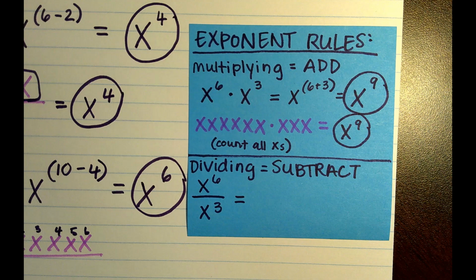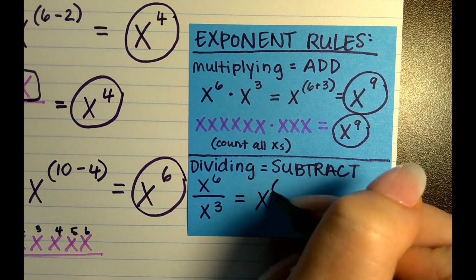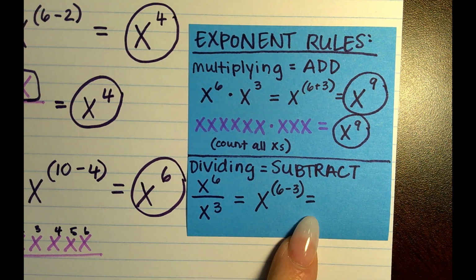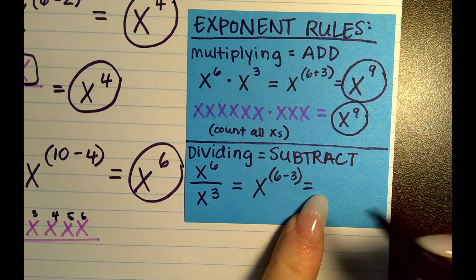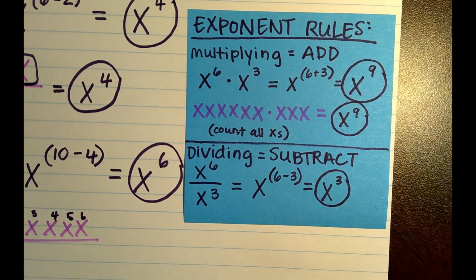How would we solve that? Subtract. What are we subtracting? 6 and 3. So we have x to the 6 minus 3, which is what? X to the third power. Good. You just subtract when you divide.